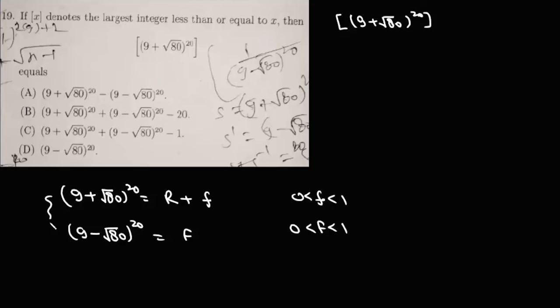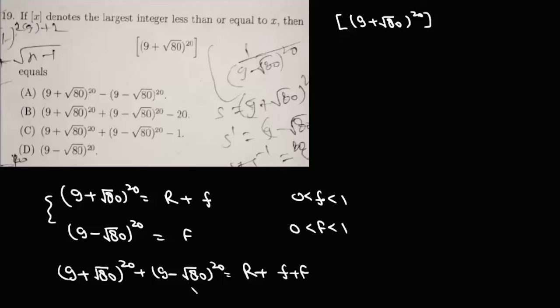Now what we'll do is we'll add these two, then we can write (9 plus under root 80) to the power 20 plus (9 minus under root 80) to the power 20 will be equal to r plus f plus f dash. Now we are adding them because we need to cancel these irrational parts. So if we add (a plus b) and (a minus b), all the odd parts of b will cancel. So we'll have an even integral value here.